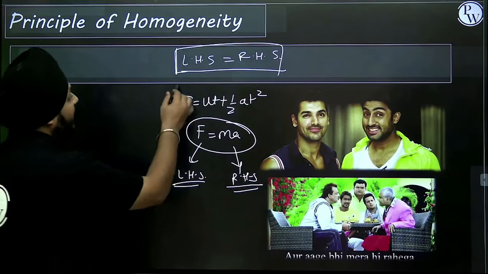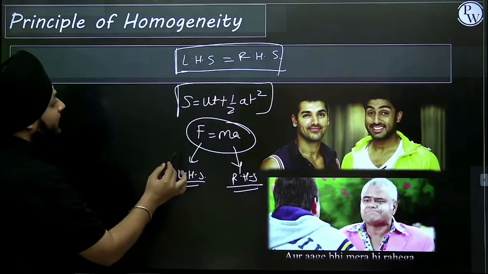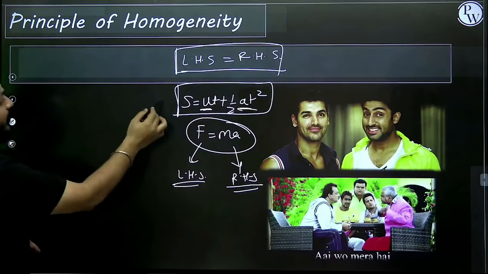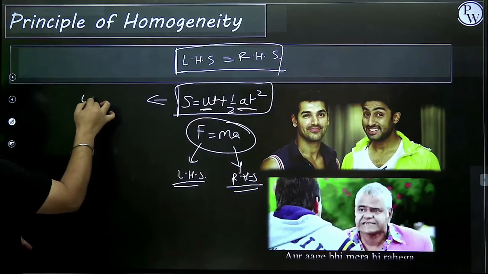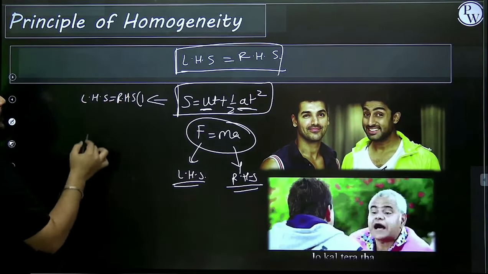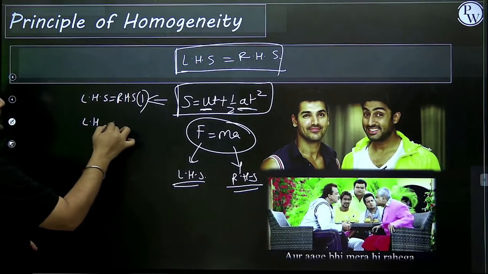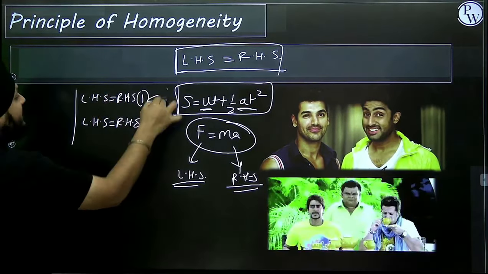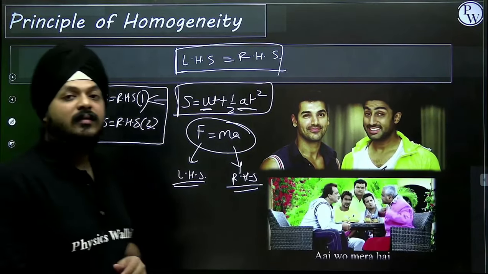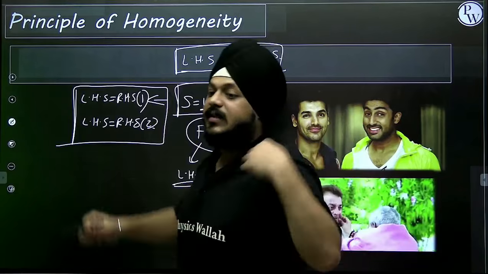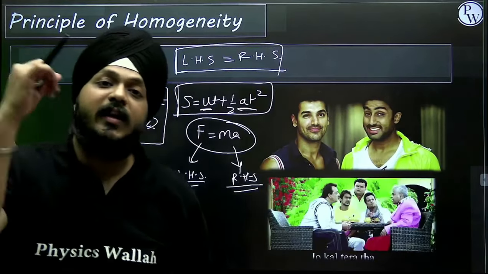Suppose we have this kind of equation, with two terms on the right hand side. In this case, we can say LHS is equivalent to RHS of the first part. Similarly, LHS is equivalent to RHS of the second part.